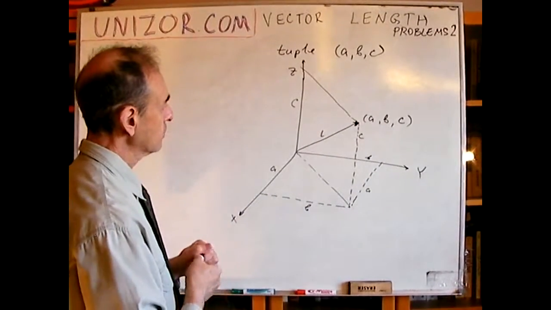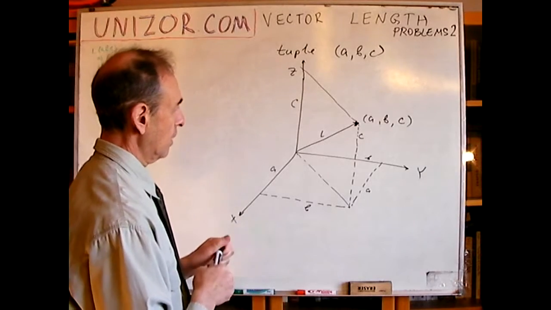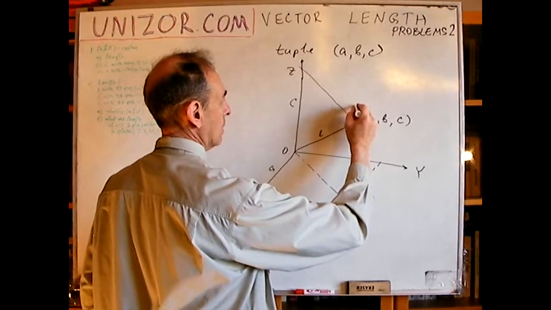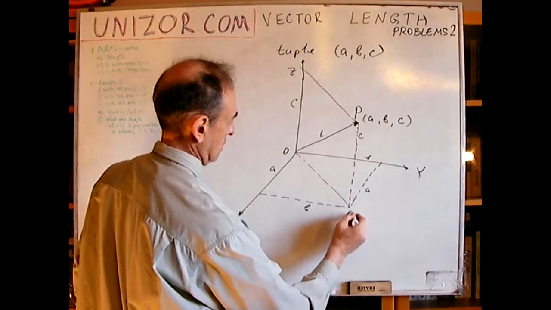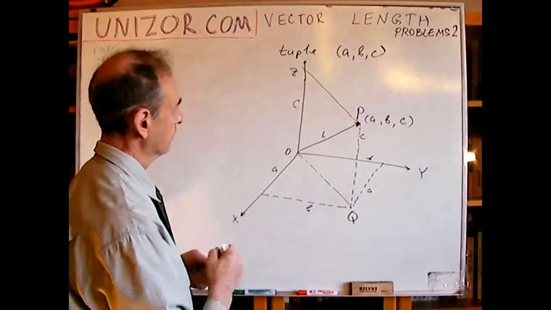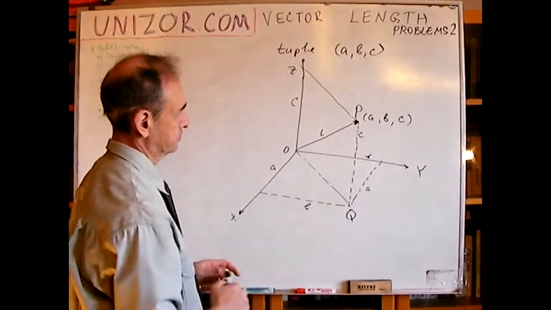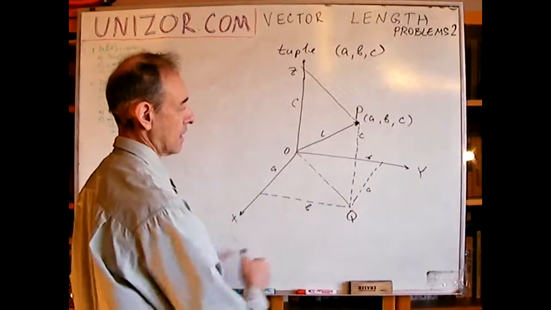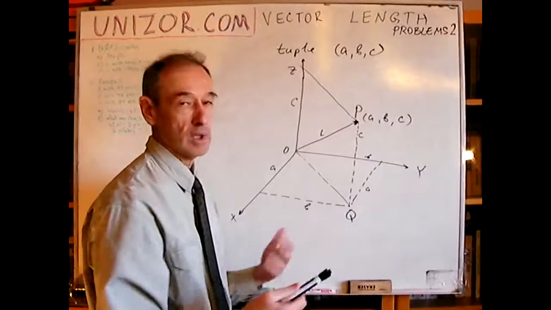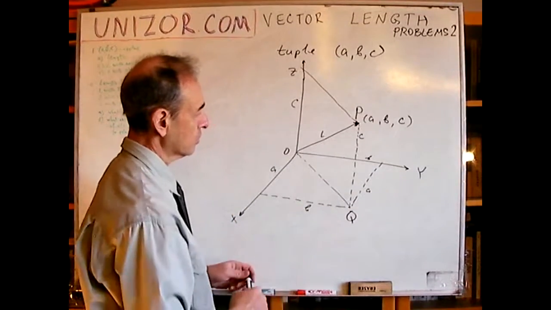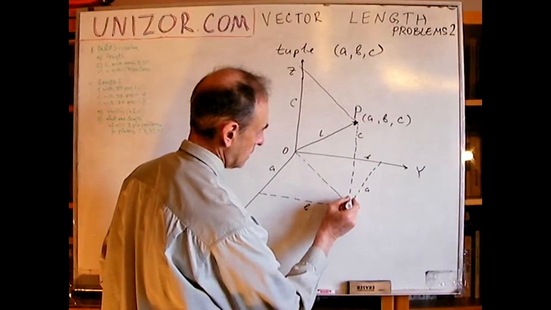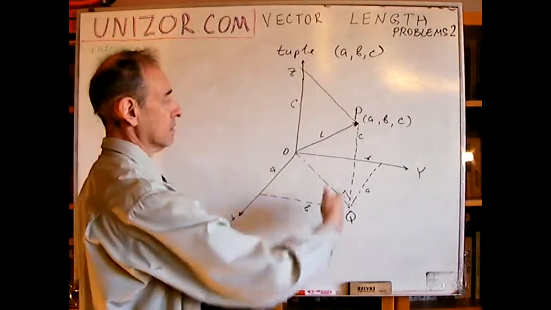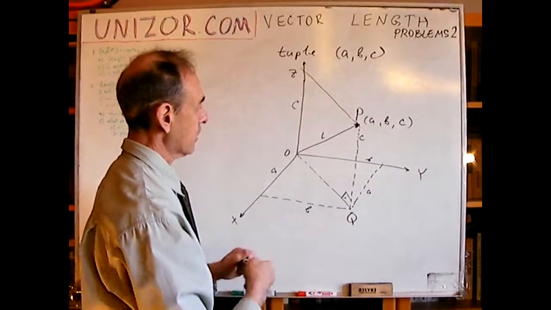So how can we find the length? Well, let's consider triangle OPQ. Now, PQ is perpendicular to the xy plane, which means it's perpendicular to all lines in it, including OQ. So this is the right angle, 90 degrees, and it's a vertical right triangle.